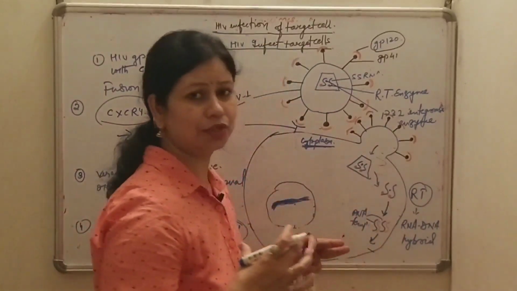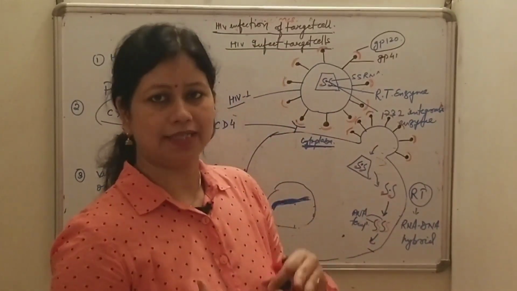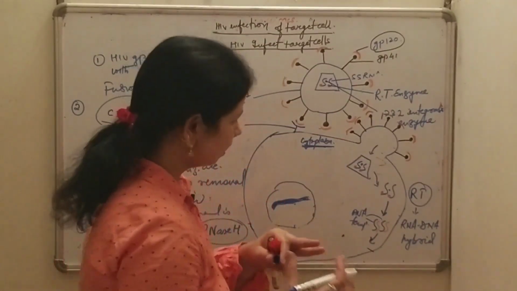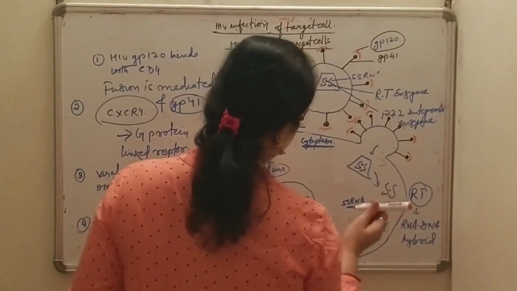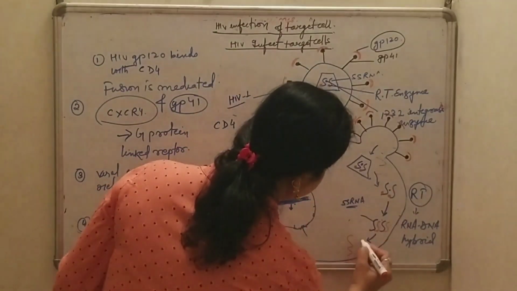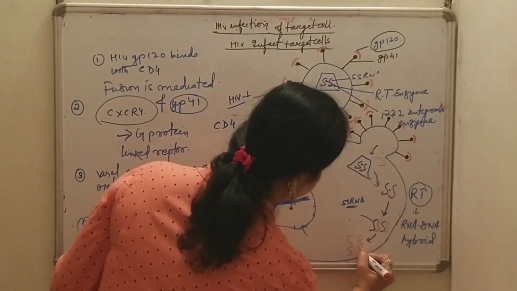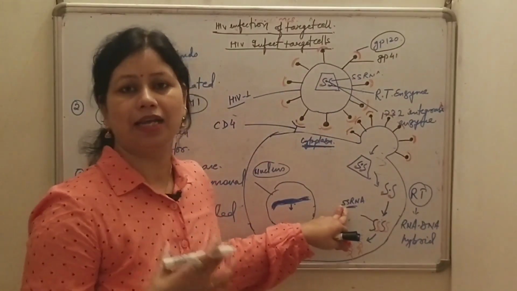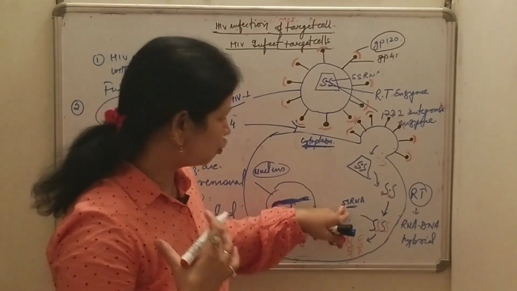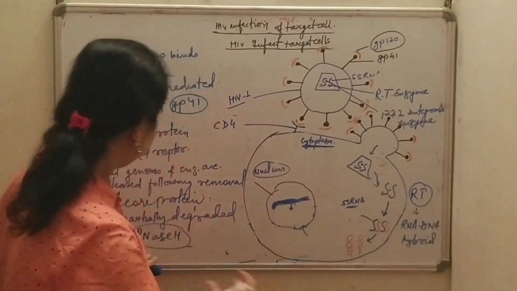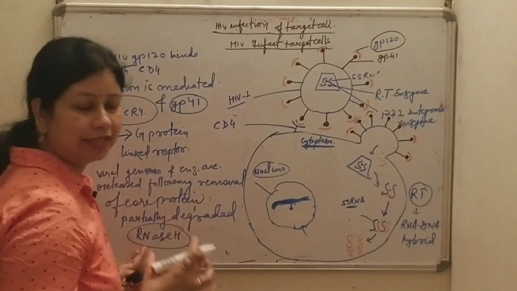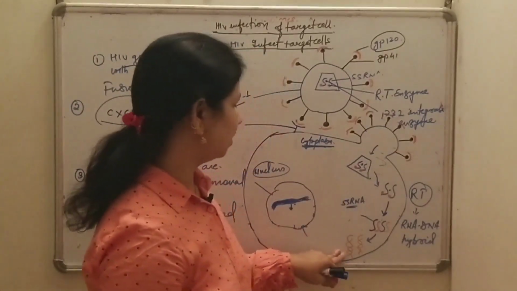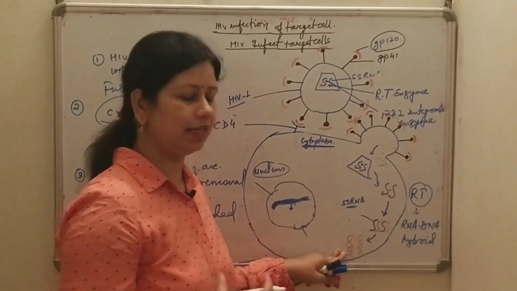Then the synthesis of the second DNA strand takes place. When the original single stranded RNA template is degraded by ribonuclease H, it is followed by the synthesis of the second DNA strand.